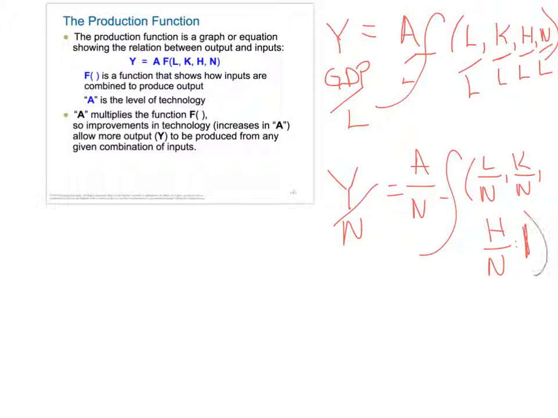So when you look at this, the idea is basically trying to show you that if we make a change in things like labor, capital, human capital, or natural resources, given a current state of technology, we will see a corresponding effect in output.